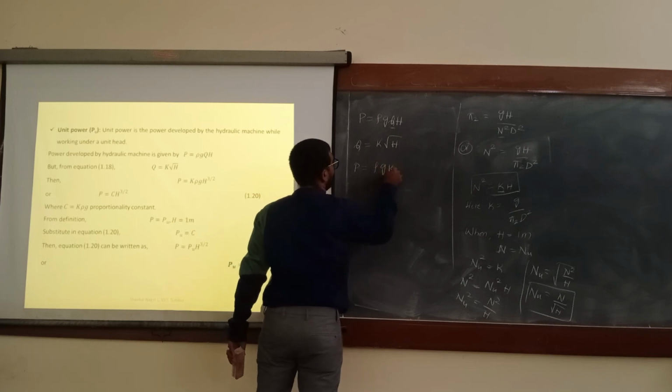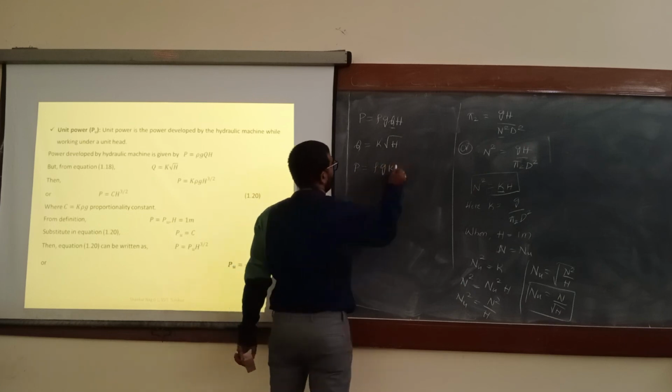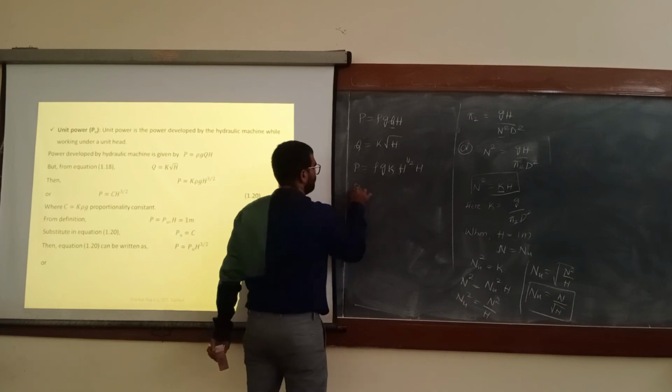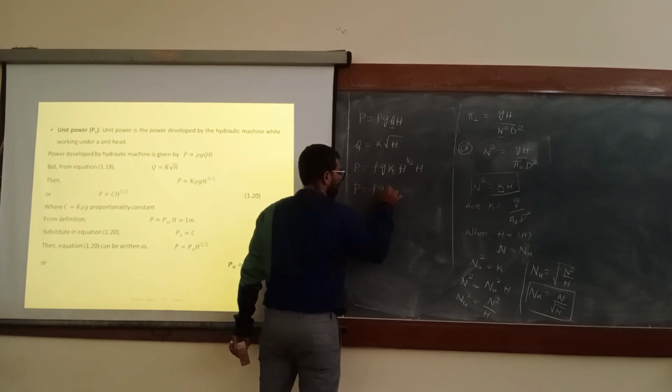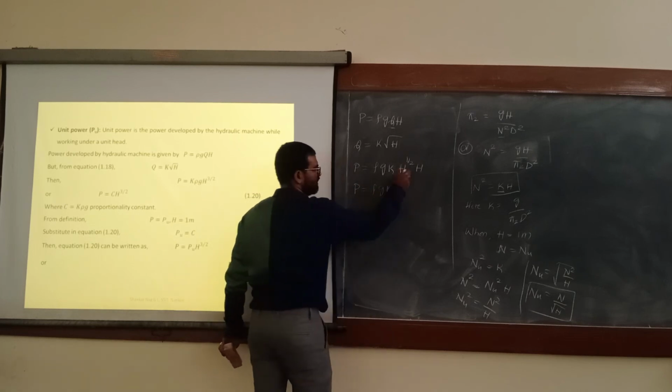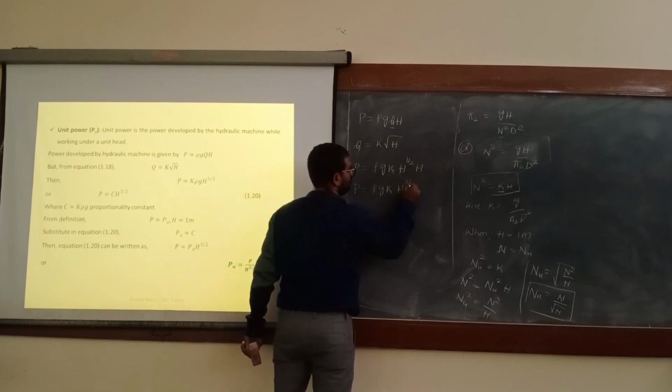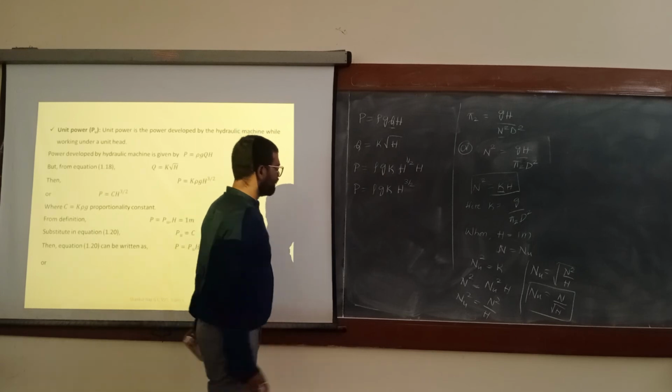P is equal to rho g K root of H into H, which is H to the power of 1 by 2 into H. Then what is this? That is half plus 1, 3 by 2. This is the equation.